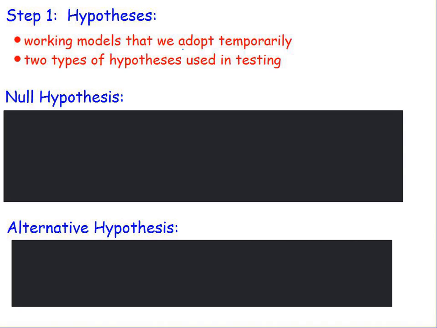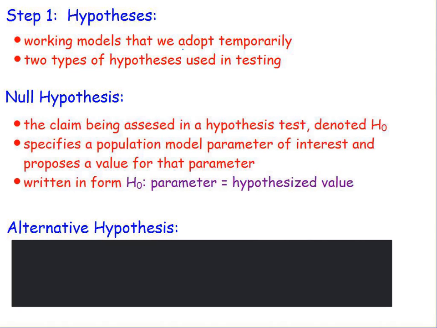So let's look at these 2 types of hypotheses. The first hypothesis that you're going to write every time you do testing is what's called the null hypothesis. The null hypothesis is the claim that's being assessed in a hypothesis test. It has a special notation. We are always going to use H sub 0 to denote the null hypothesis.